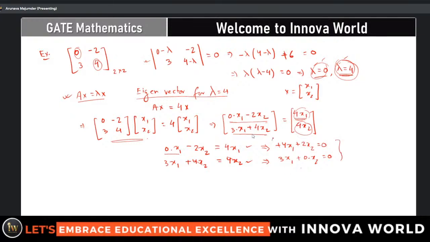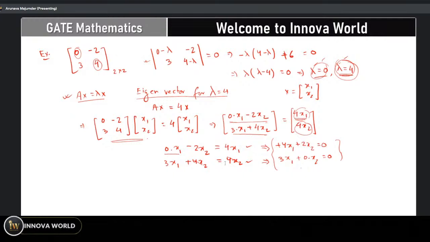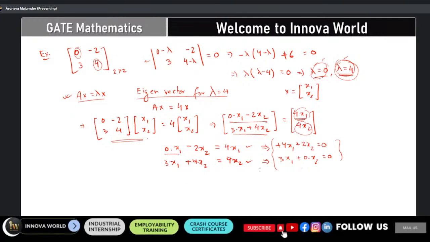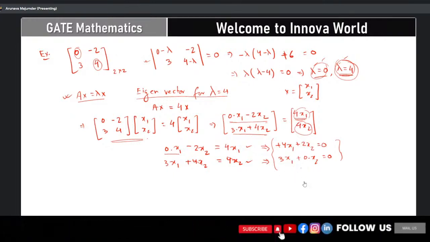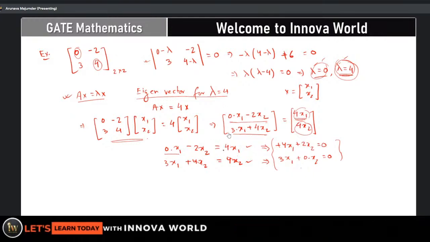So we are getting a system of linear equations here. It is minus 4x1 minus 2x2 equal to 0.